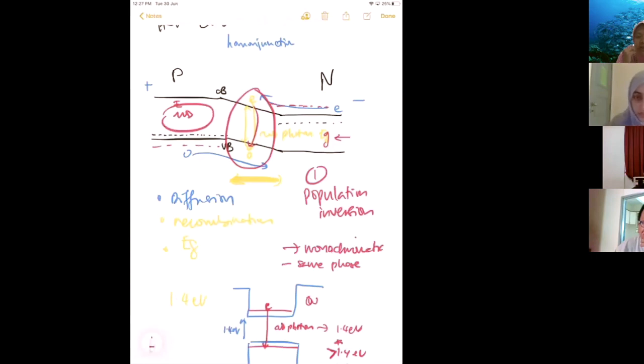So you need to make sure it's in population inversion first. How to make a population inversion? Number one, you need to pump a lot of electrons in. How to pump? You increase the voltage.